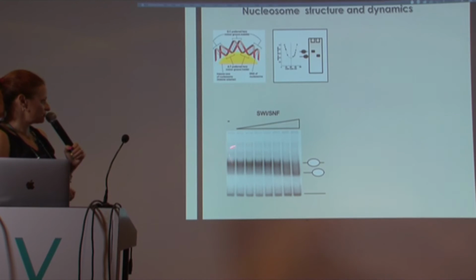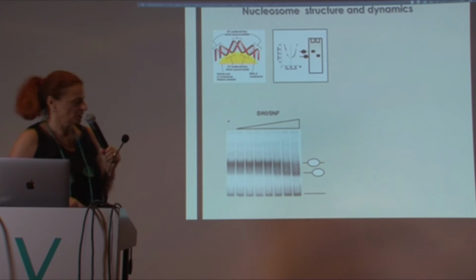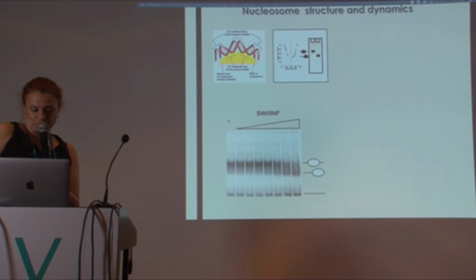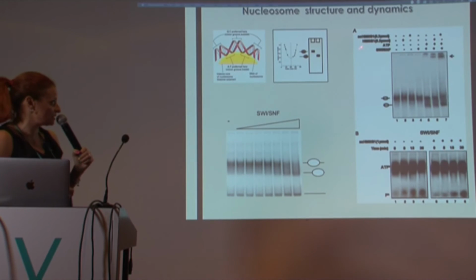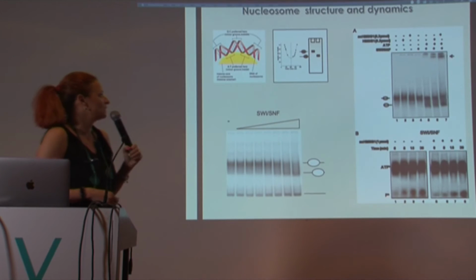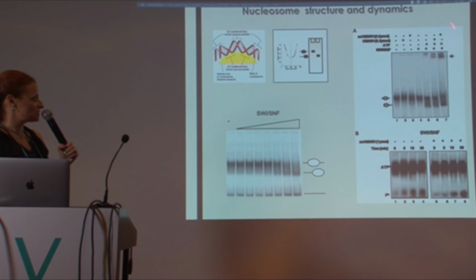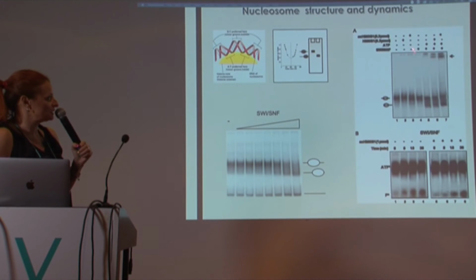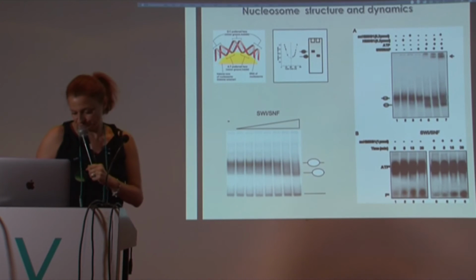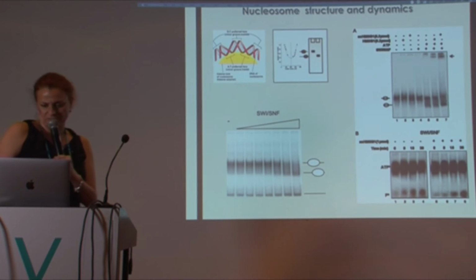And this could be observed by EMSA. So we did this experiment in the presence of HMGB1, and it turns out that HMGB1 could influence this process, and acetylated form is much more active. We did a lot of experiments, but here is the main result, which is actually that in the presence of HMGB1, it stabilizes the binding of SWI/SNF complex to the DNA. That was our conclusion of all these experiments.